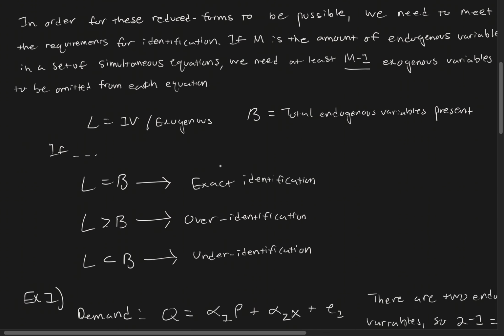So L, we often write L as short for an instrumental variable or exogenous variable, while B will be the total endogenous variables, while L will be the IV or exogenous variables omitted. So I should probably write that.